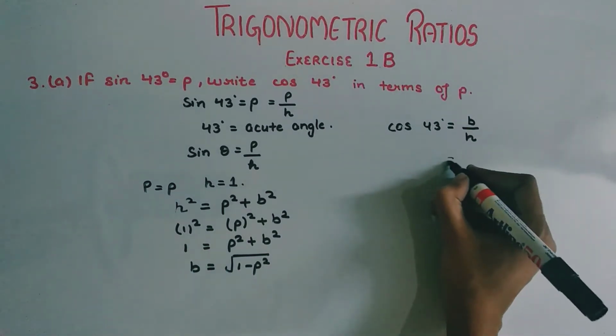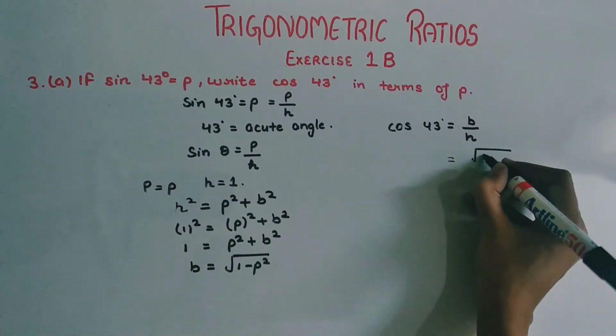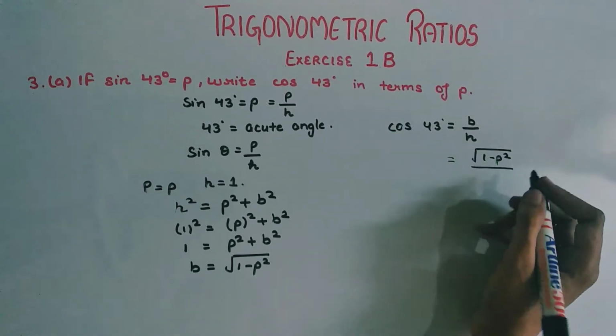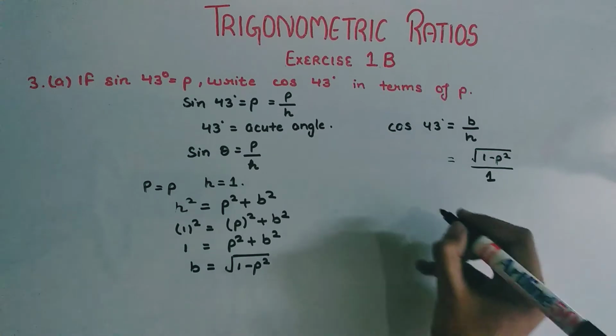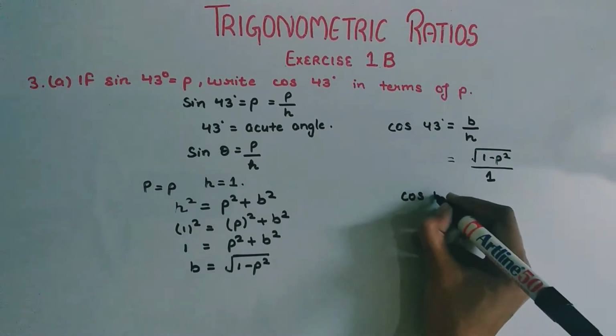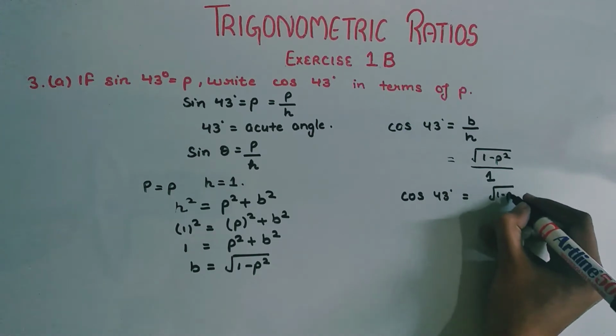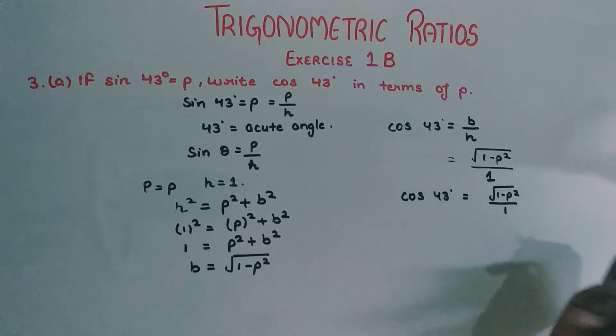Hence, here we have value of base, that is under root 1 minus P square, divided by value of hypotenuse, that is 1. Hence, cos of angle 43 degree is equal to under root 1 minus P square divided by 1.